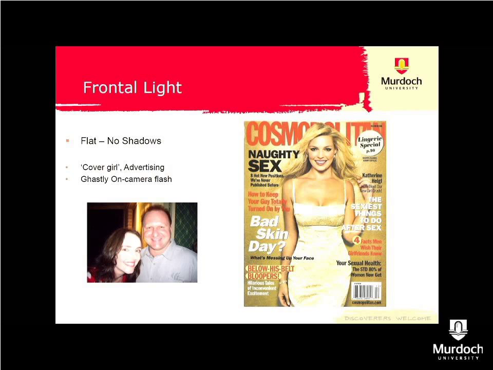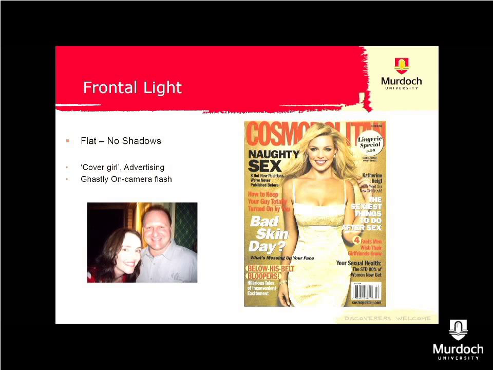And here's an example of, this is not necessarily an on-camera flash, but it's this front lighting. It's that straight ahead sort of lighting that's directly behind the lens or very close to the lens. Tends to flatten out all shadows and produces a flat type of look. When I say flat, I mean it doesn't produce three-dimensionality.